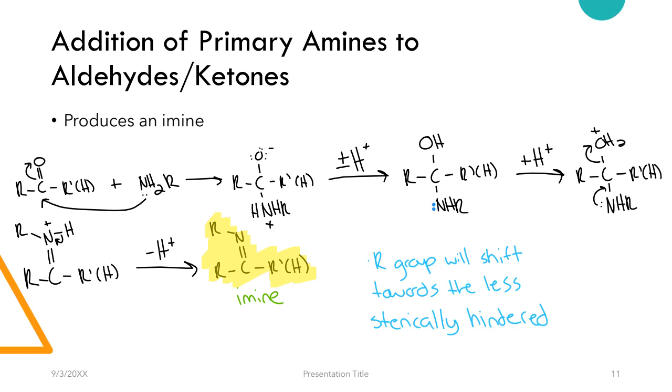This R group on the nitrogen will shift either to this side or this side, depending on which R group down here is bigger. So will it shift towards the smaller one? Right, because it wants to avoid steric hindrance. If I have a big group here and a big group here, they don't want to be near each other, so it would shift over here so it doesn't have to touch the big group.